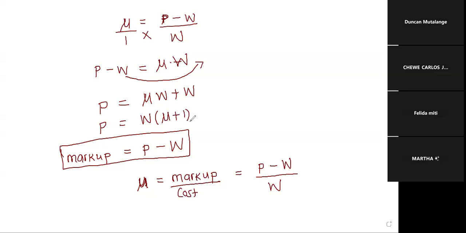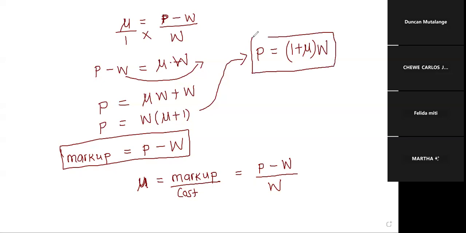If I rearrange this, this is how it's written in your books: price is equal to 1 plus mu, times W. And this is what we call the price setting, and that's where it comes from. Have you seen it?